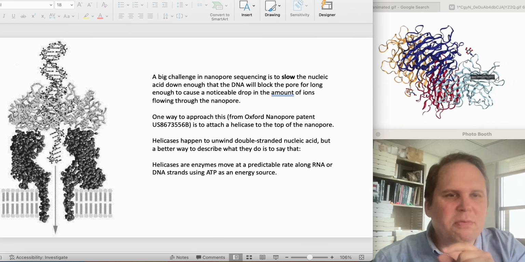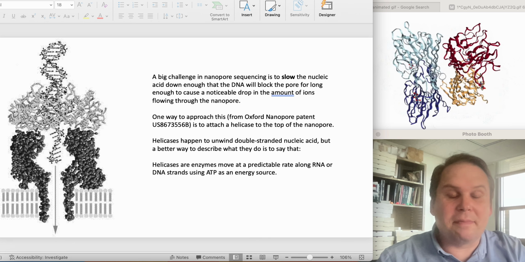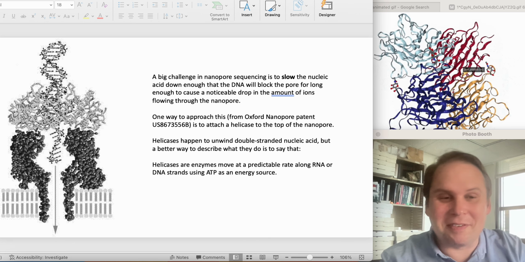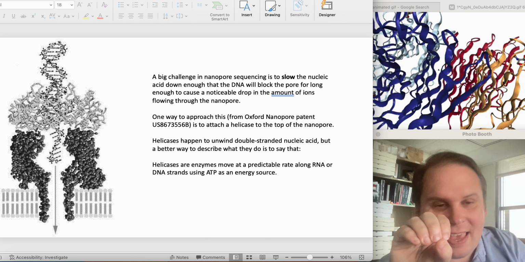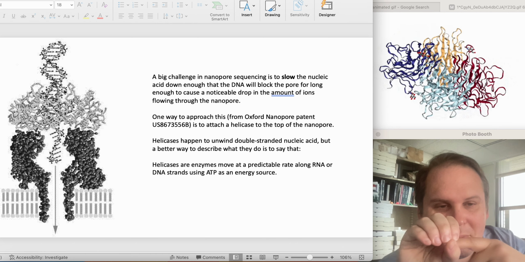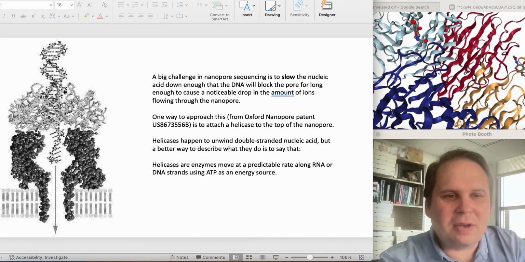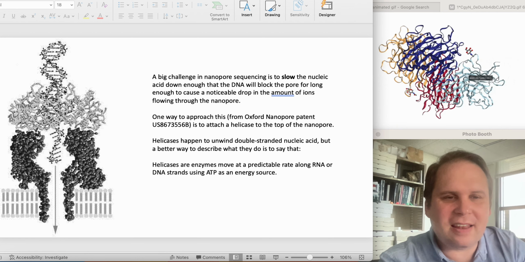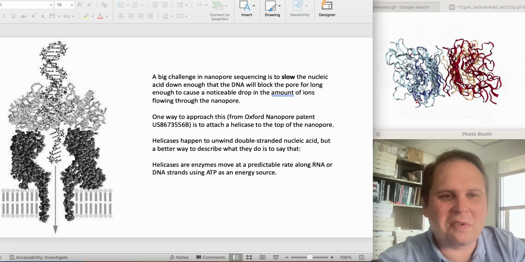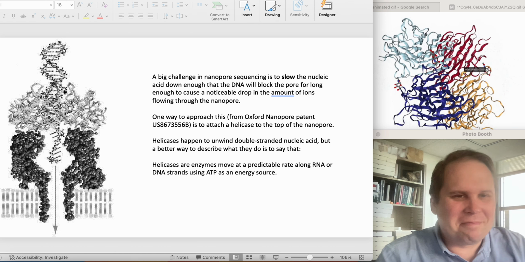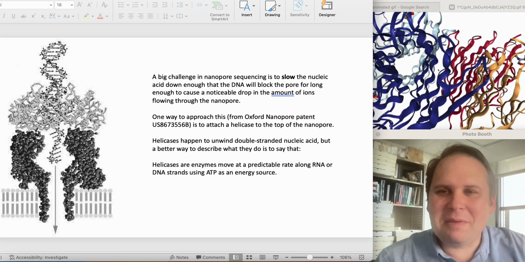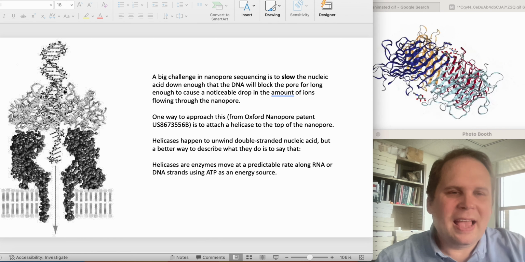So a helicase will just move down a piece of DNA. Or, now here's next level stuff, imagine the helicase can't move. The DNA will just be pulled right through it. And so a helicase will feed DNA in one direction using ATP, reliably, reproducibly.